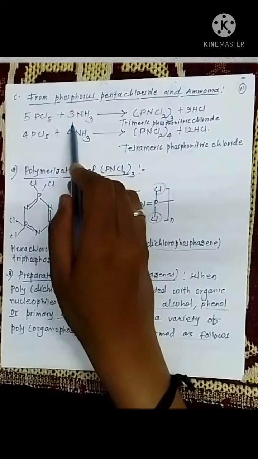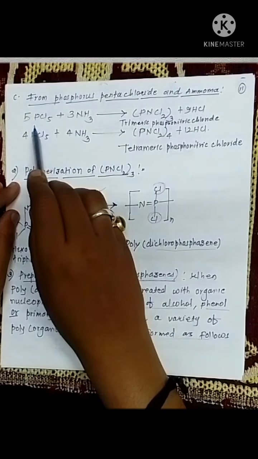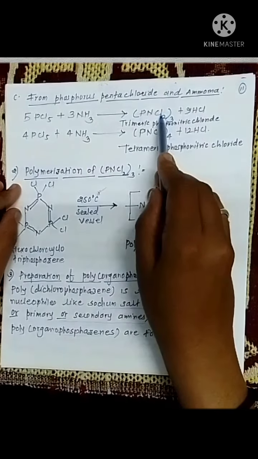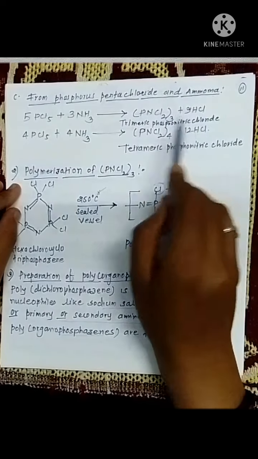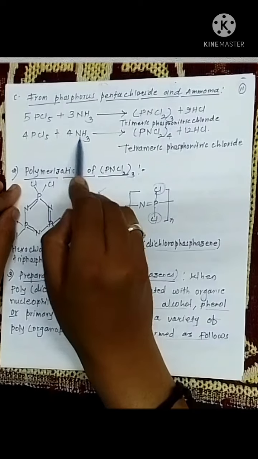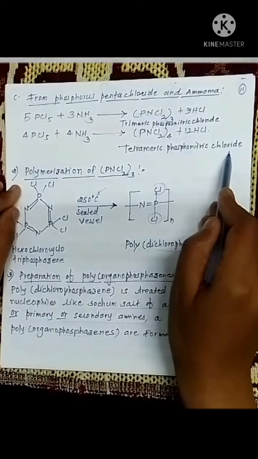When phosphorus pentachloride is reacted with ammonia in the ratio 5:3, we get trimeric phosphonitrile chloride. If the stoichiometry of phosphorus pentachloride and ammonia is 4:4, then we get tetrameric phosphonitrile chloride.